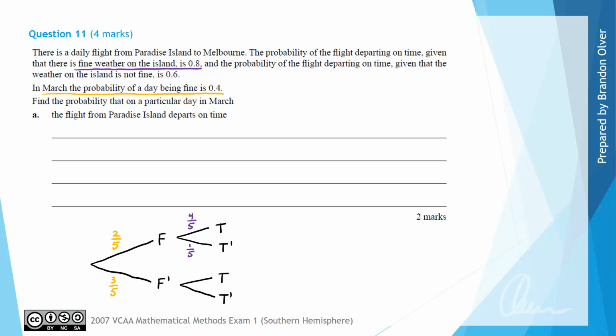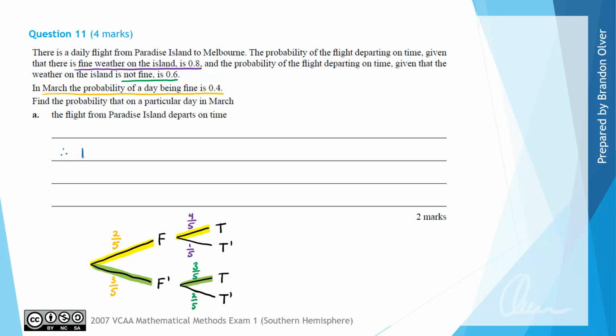And finally, given that the weather is not fine, the probability of it departing on time is 0.6, which is 3 out of 5, and this branch then would be 2 out of 5. So if the flight is to depart on time, there's only 2 branches along here. This one that it is fine and it departs on time, and the chance that it is not fine but it still departs on time.